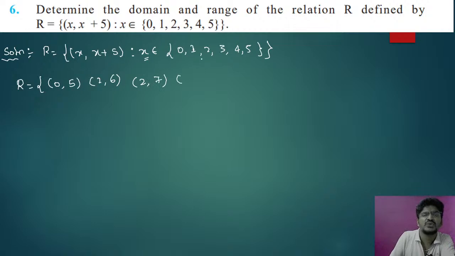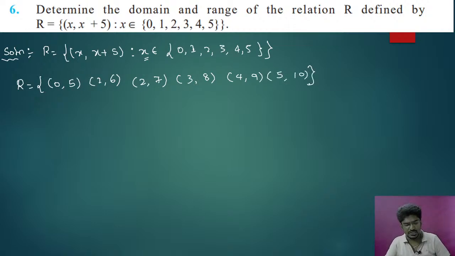If I take x value as 3, 3 plus 5 is 8. If I take x value as 4, 4 plus 5 is 9. If I take x value as 5, 5 plus 5 is 10. So this is your relation.